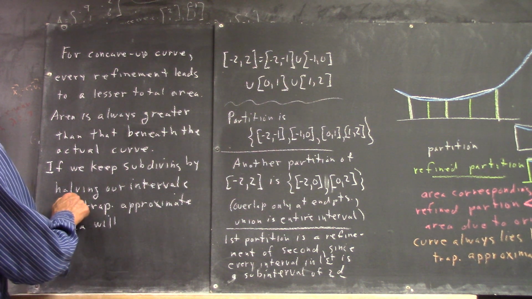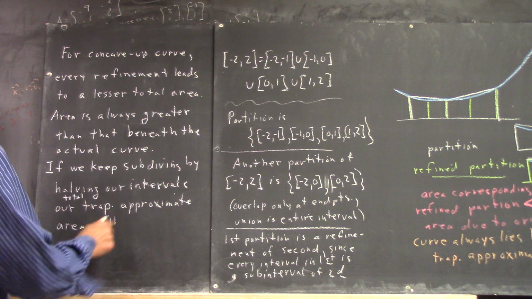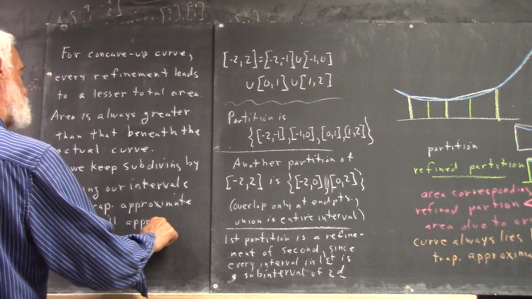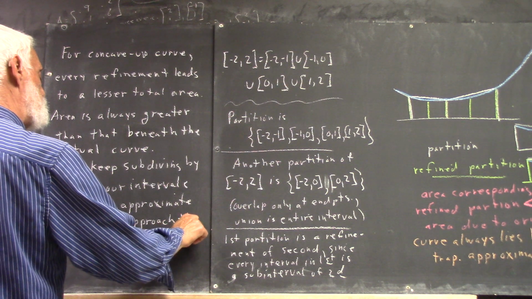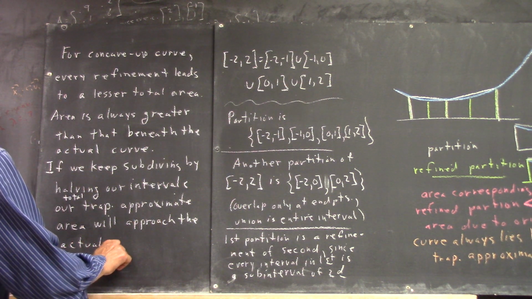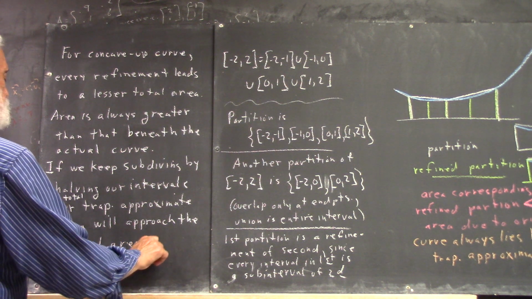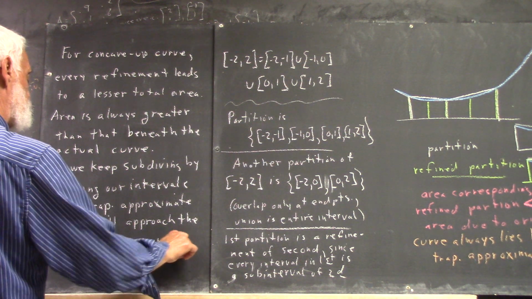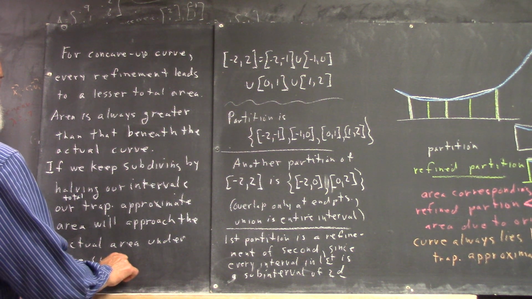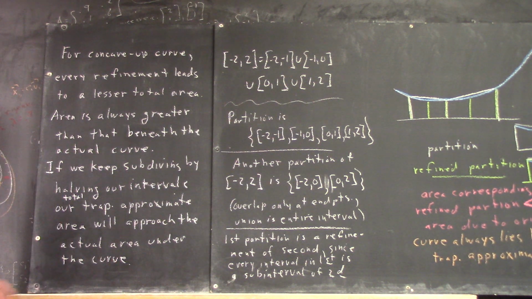Our total trapezoidal approximate area will approach the actual area under the curve. Okay?